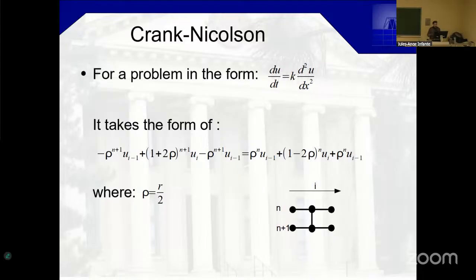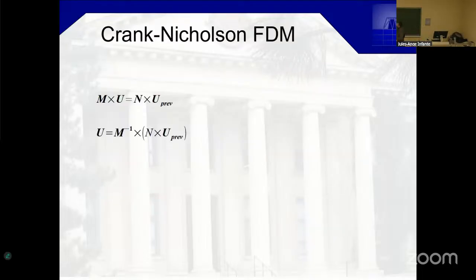And so we have these two matrices where we have the matrix times our next value is equal to the previous matrix times the previous. So now we have to do a double multiplication of the inverse of this one times that matrix times the vector of the previous value. So let's set up our little spreadsheet to do just that.